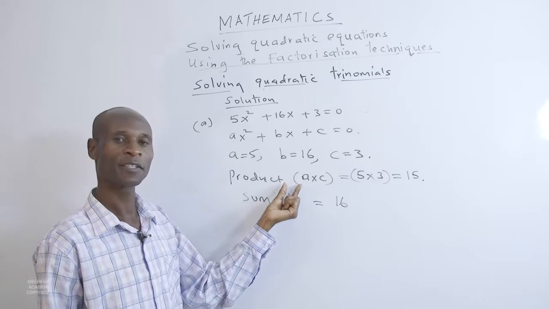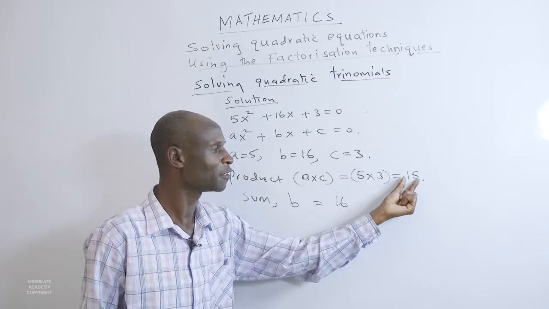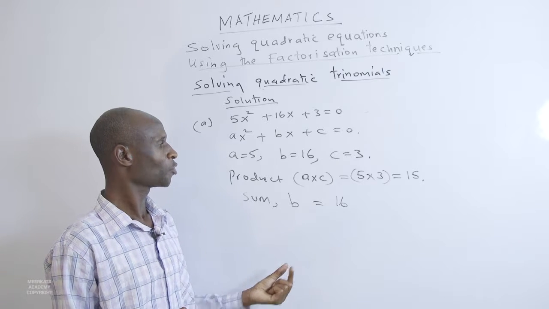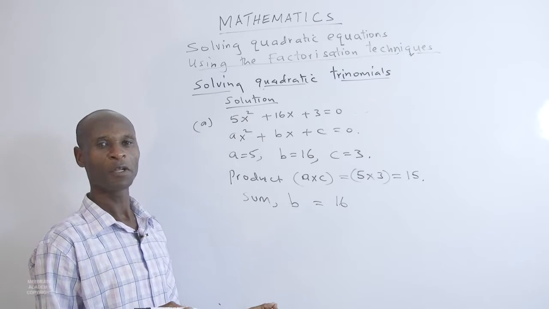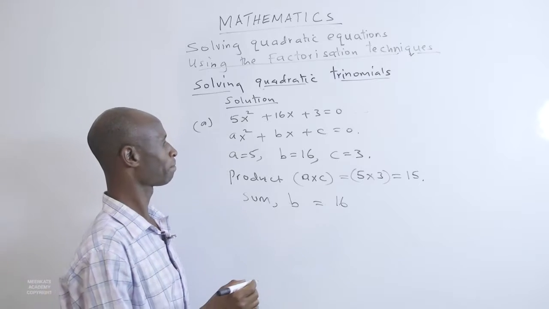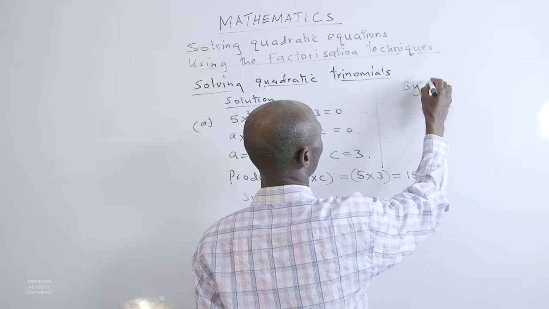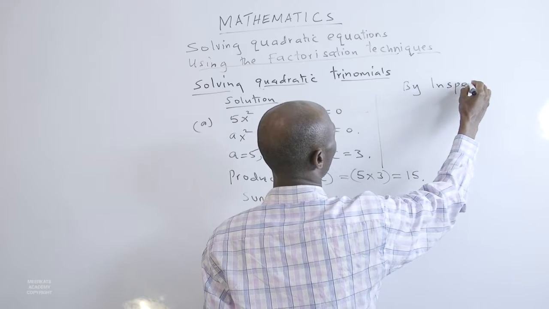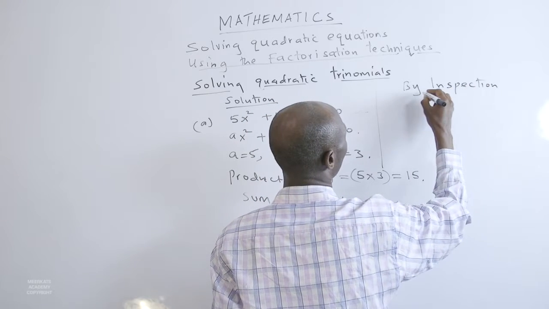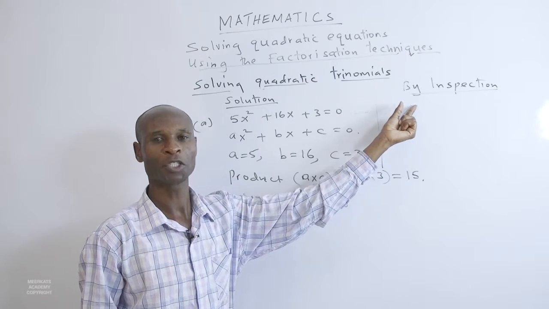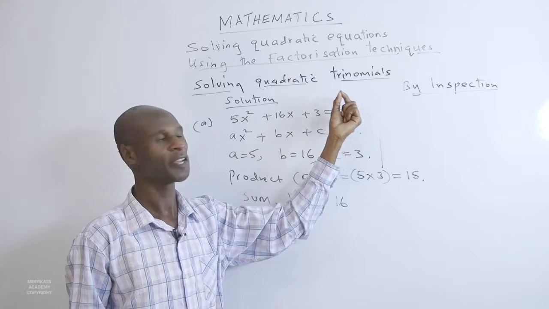Identify the factors whose product is 15. The two factors can be found by inspection, or trial and error.